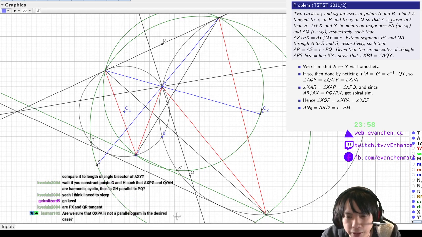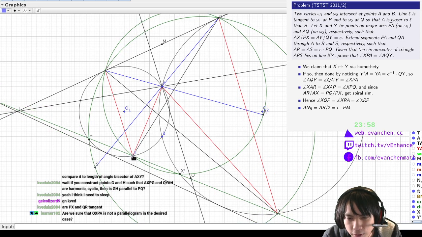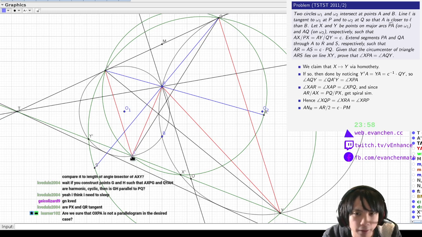Are you sure OXPA is not a parallelogram? It can't be by symmetry, right? If it's a parallelogram, then also by symmetry AQYO is a parallelogram, which is not happening. Unless it's some config issue where one of them is a parallelogram, the other is a trapezoid, which I guess is possible.